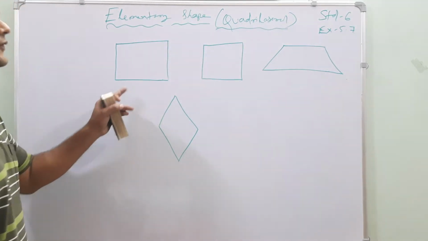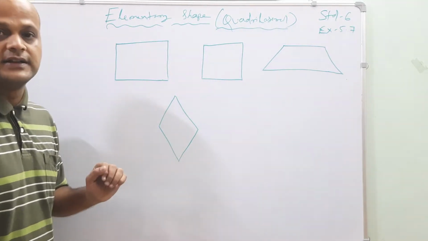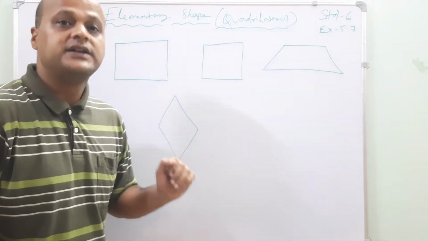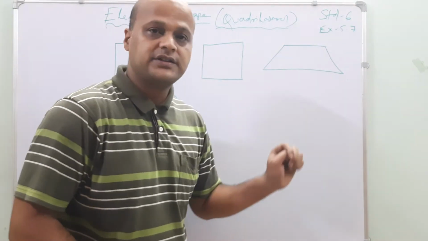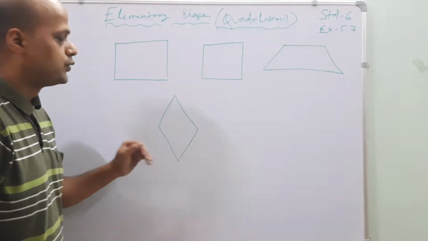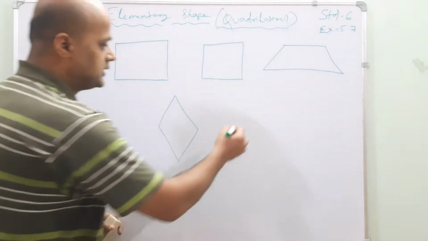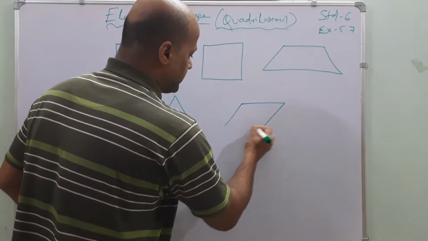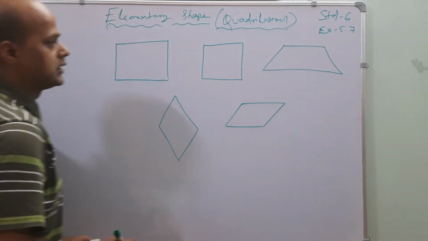First one is what, my dear friends? It is a rectangle. Second one is a square. Third one is called a trapezium. Fourth one is called a rhombus. And the fifth one is a parallelogram.